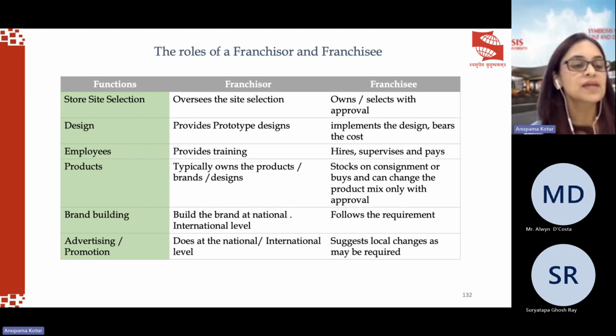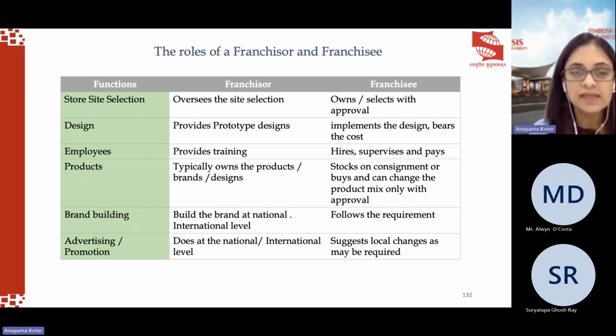For you, every employee in that Lakme salon is representing the Lakme brand. So therefore, especially when it comes to service oriented businesses, it becomes very essential to have some kind of uniformity because of these aspects. So therefore, training is given to them by the franchisors.